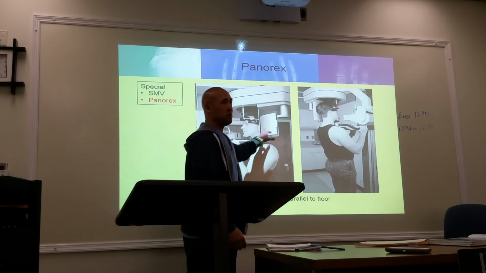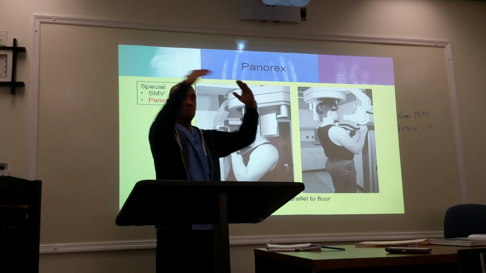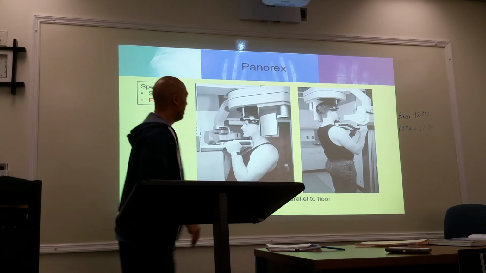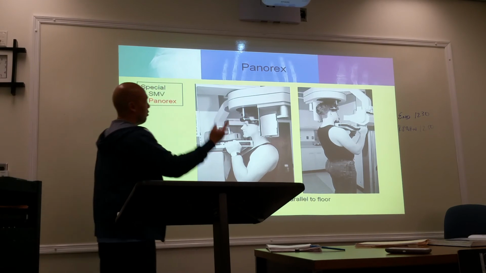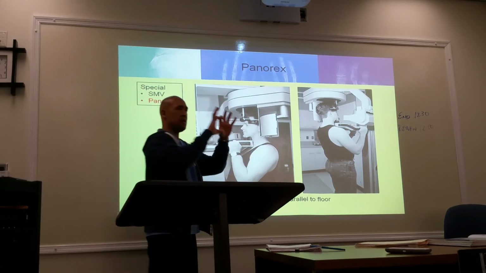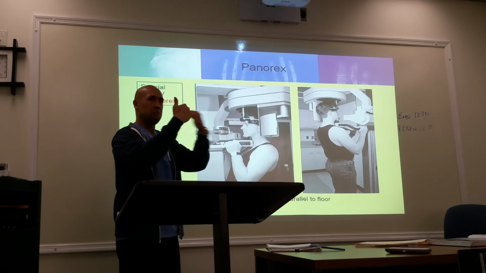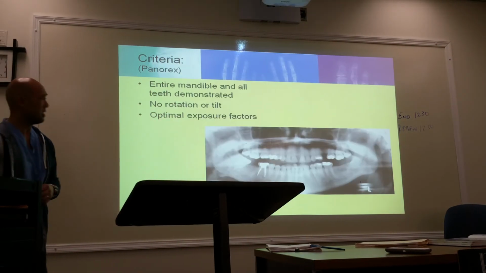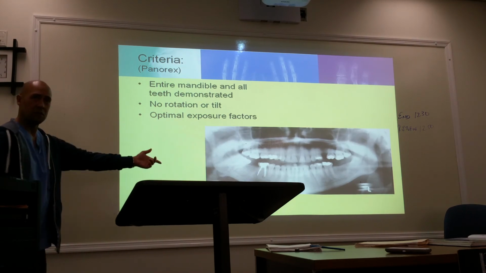It's a special image receptor. It's not coned, it's arched. As it sweeps around, portions of the Panorex image receptor are being exposed, so that when you develop the image, it looks like this. So you guys familiar with this?